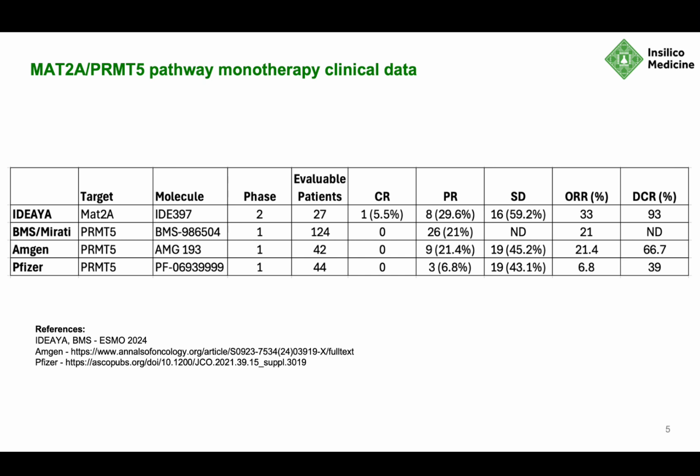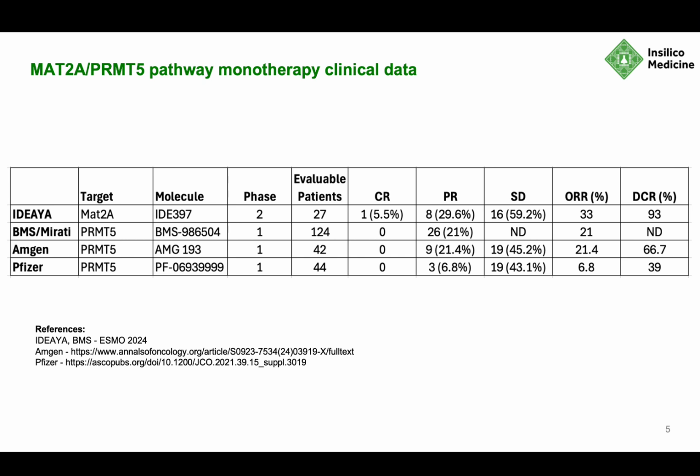They've only evaluated about 27 patients that they've reported on so far. But what they've seen is a very high overall response rate, upwards of 33% of the patients that are MTAP deleted in bladder and lung cancer, have shown really robust responses so far, including a complete response.